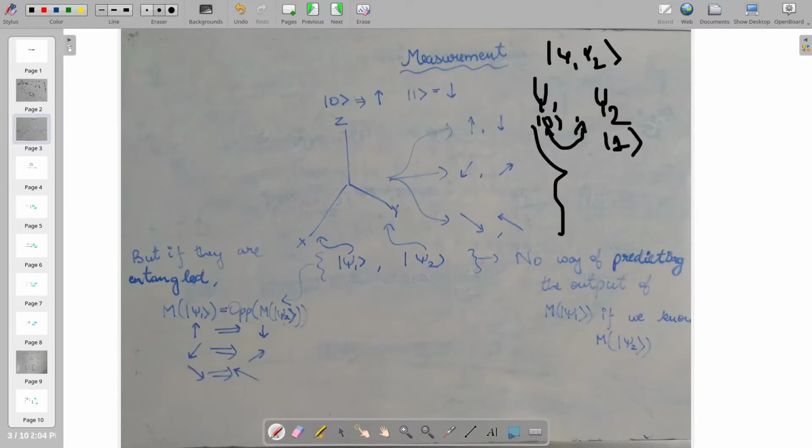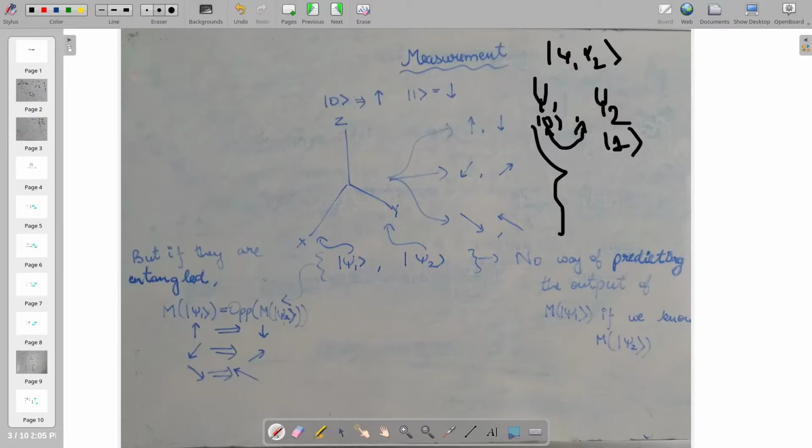This interesting property holds for all these axes. If I measure omega 1 along the x-axis, then I can say with a certain degree of certainty that when I measure omega 2, it will point in the opposite direction.